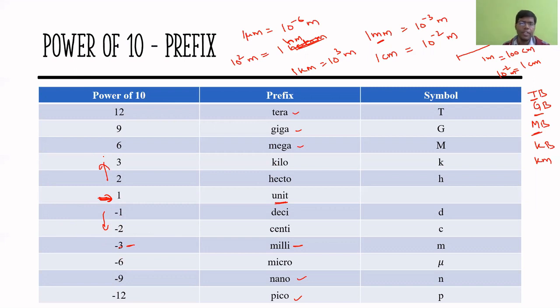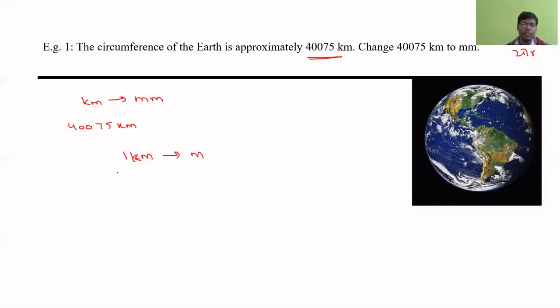I'll explain with this question. We have kilometer, we have to convert to millimeter. So first convert the kilometer to meter, and then convert the meter to millimeter. This way, the problem will be very simple and there will be no confusion.